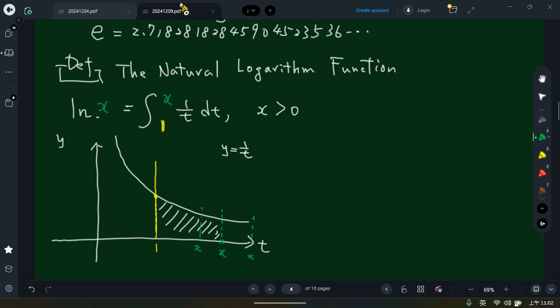But for x larger than 1, it is equal to the area under 1 over t from 1 to x.